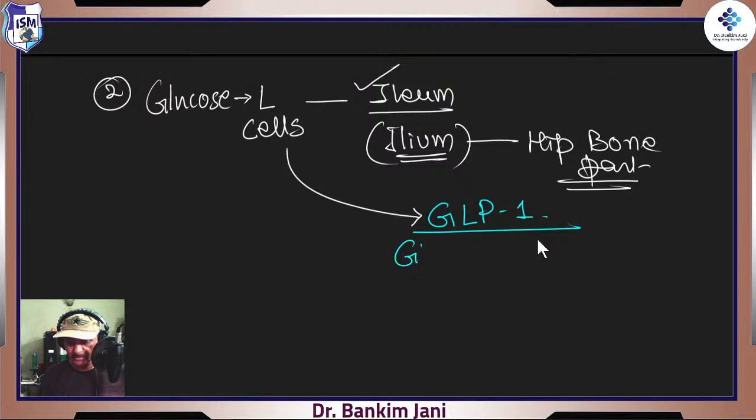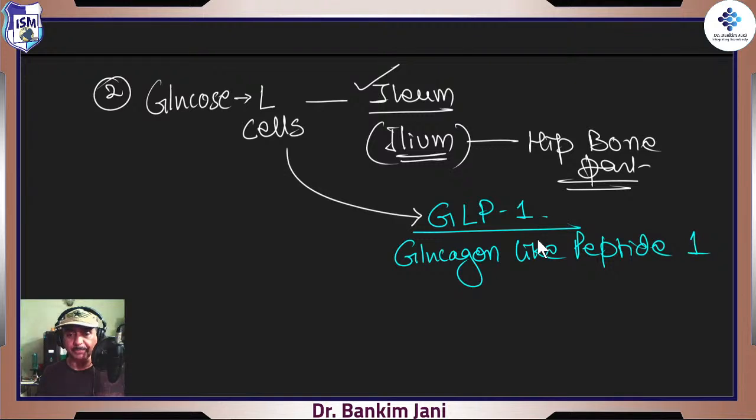It is glucagon-like peptide. It means these are peptide hormones, number one. But it will behave like glucagon. It is not glucagon. When the glucose is gone, at that time glucagon will come into picture. It is just the brother of insulin. So when glucose is there, L cells lead to glucagon-like peptide 1.